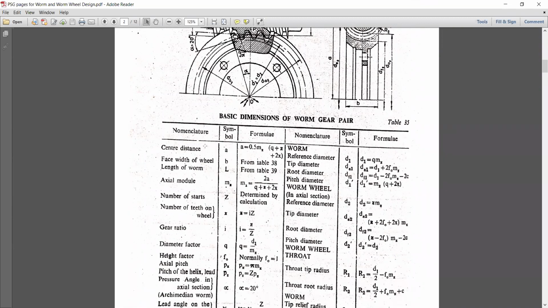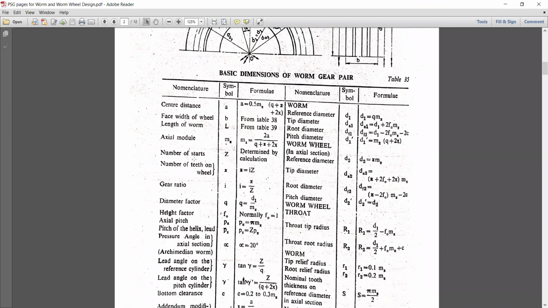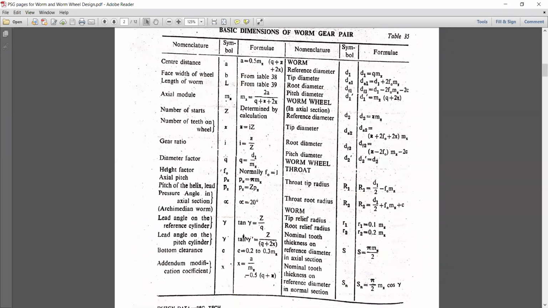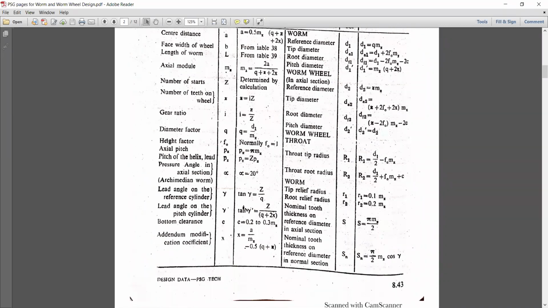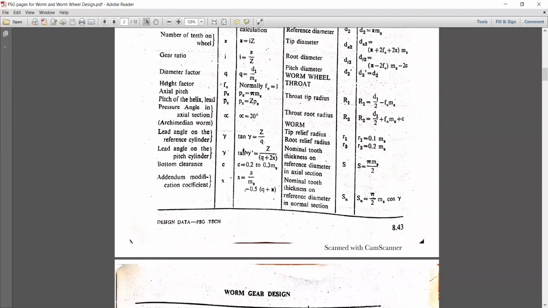For example, center distance, face width, length, axial module, which we have already calculated, number of starts, gear ratio, and diametrical factor Q, which we have. Height factor and axial pitch you can find out. Pressure angle is 20 degrees. Lead angle we have already calculated, and you can also find it from the equation tan gamma is equal to Z by Q.